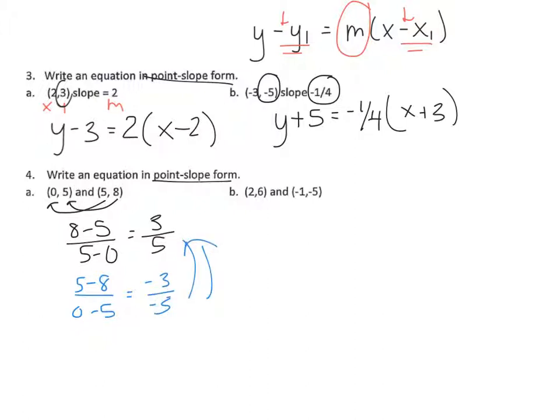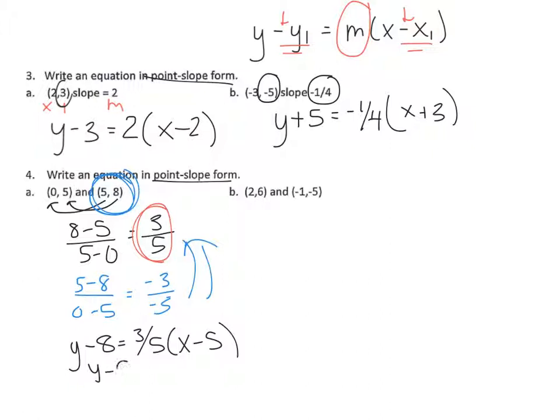It doesn't matter. When you do point-slope form, it doesn't matter what point you pick. I'm going to pick this one. So it's going to be y minus 8 equals 3/5 times x minus 5. Or if you picked the other one, you could have done y minus 5 equals 3/5 times x minus 0.